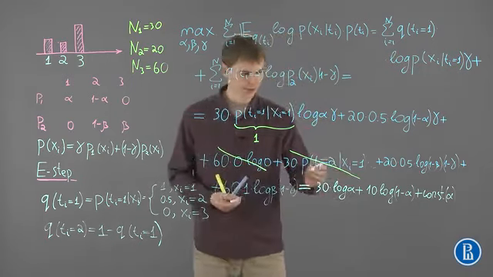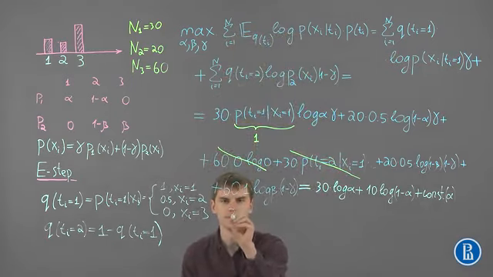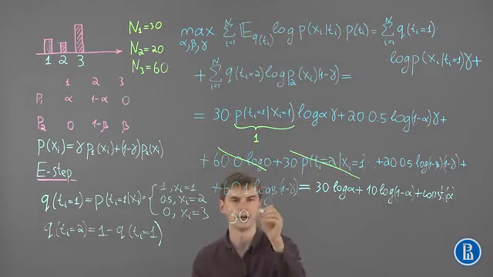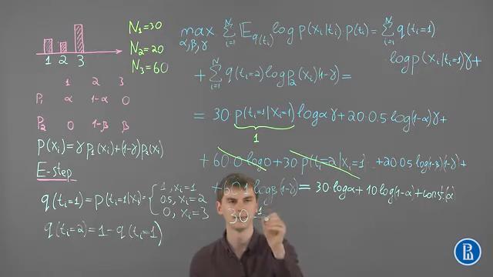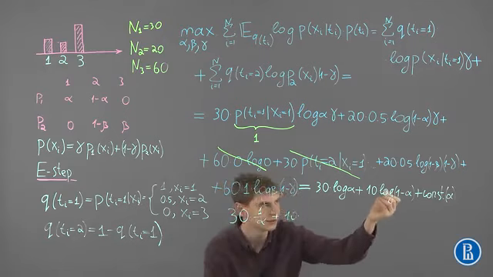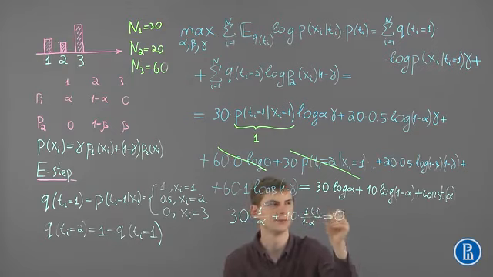So the gradient of this expression with respect to alpha will be 30 times the gradient of logarithm of alpha, which is 1 divided by alpha, plus 10 times the gradient of logarithm of 1 minus alpha. It's 1 divided by 1 minus alpha times minus 1. And this thing equals 0.